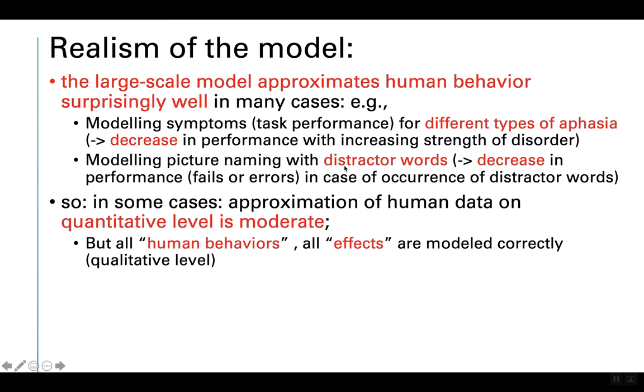We discussed that for the picture naming with semantically or phonologically similar or dissimilar distractor words. There is a lot of human data available, and we see that the model does not really approximate the human data quantitatively very well, while in the case of the serial recall task it does, but in this case it does not. So at least there is some space for improving the model.